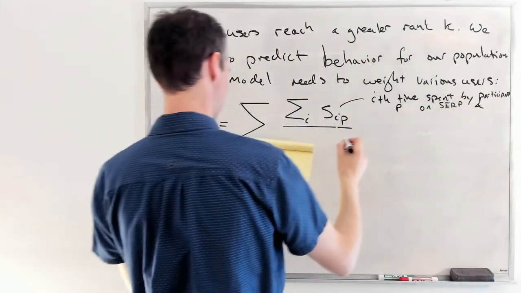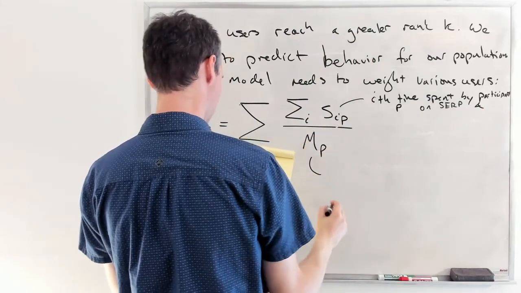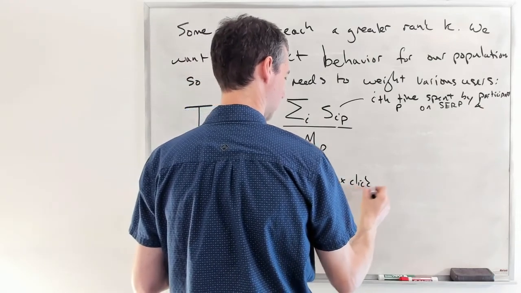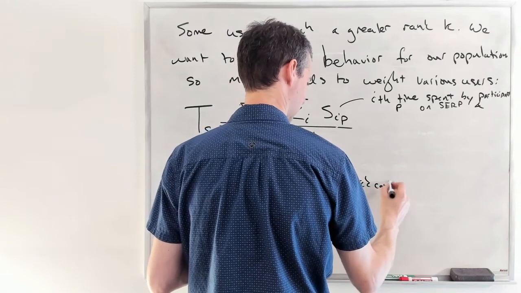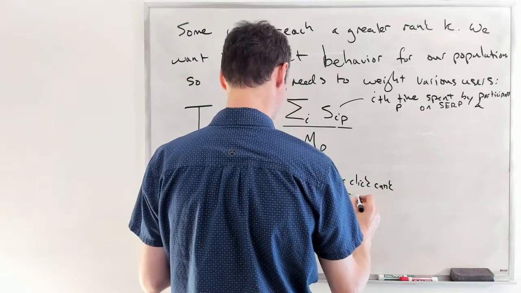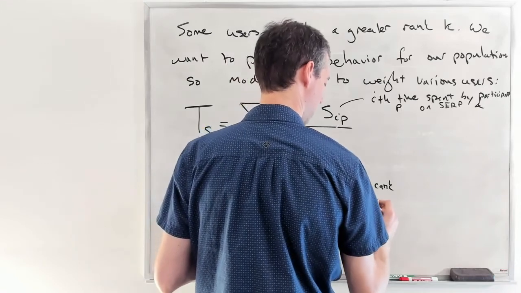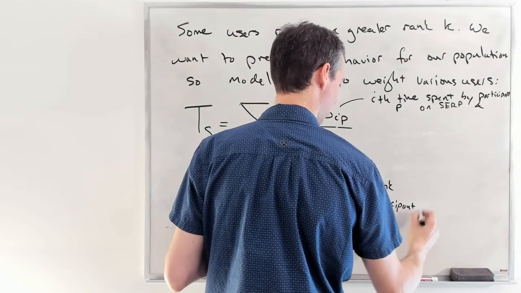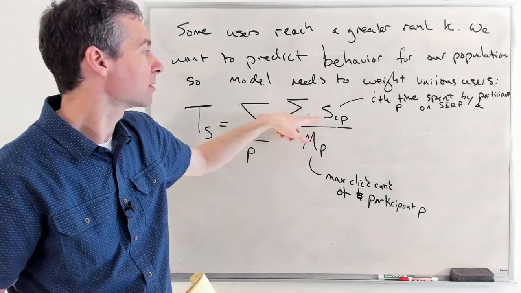And then we divide by M_P, the max click rank of the participant P. So we've got participants as our subjects.